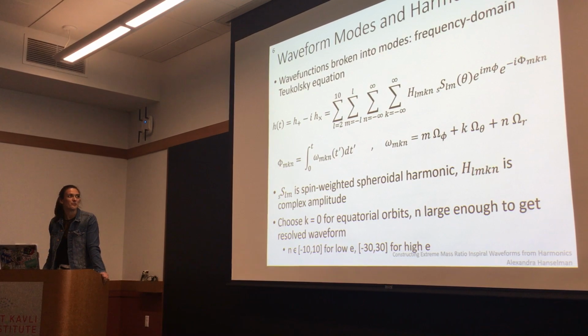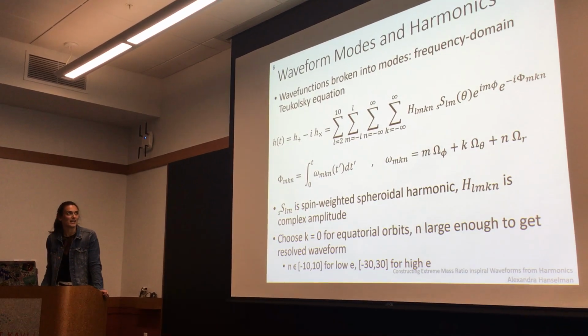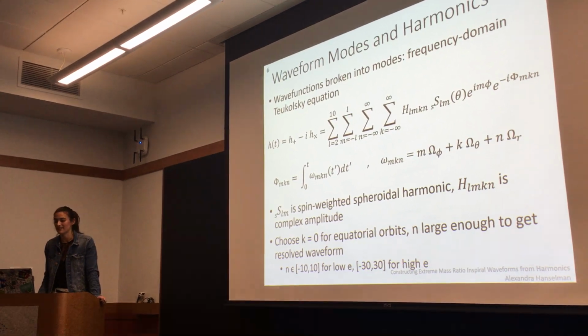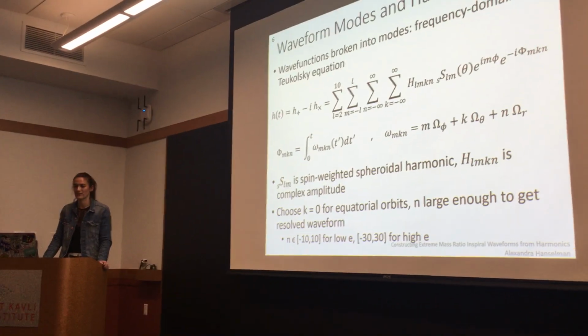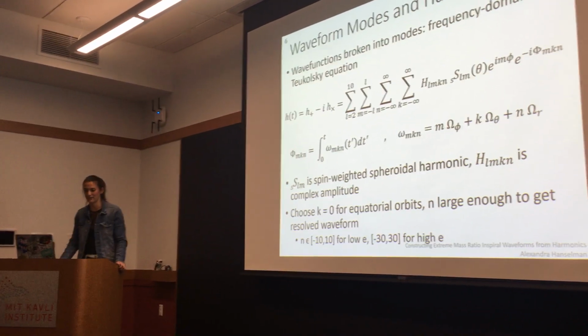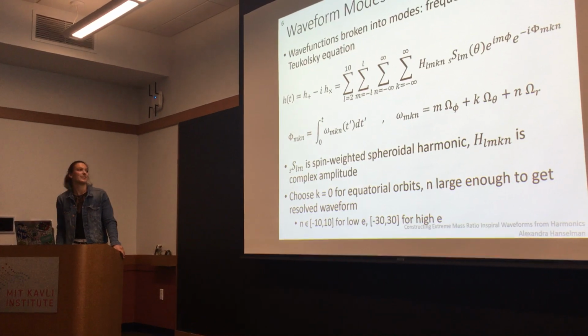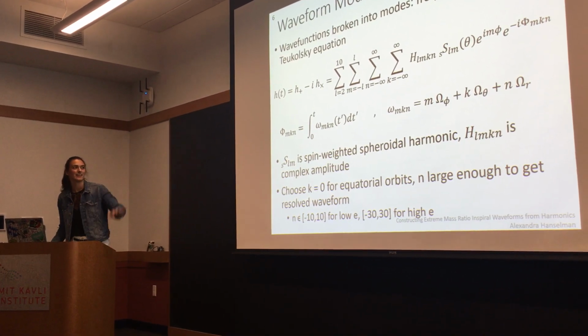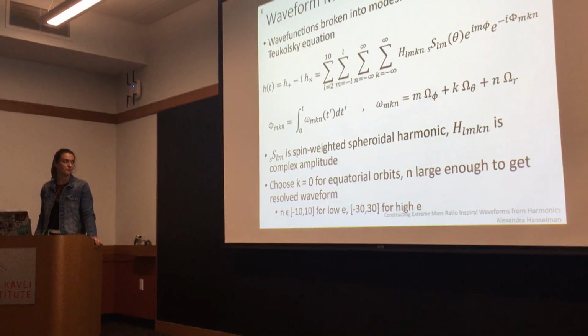And all this is a pretty dense equation. Basically, you have h lmkn, which is a complex amplitude. And then we also have a spin-weighted spheroidal harmonic, which also contributes to the amplitude. And you also have complex phases. And we see that embedded in that is omega mkn, which contains the orbital frequencies that I introduced earlier.